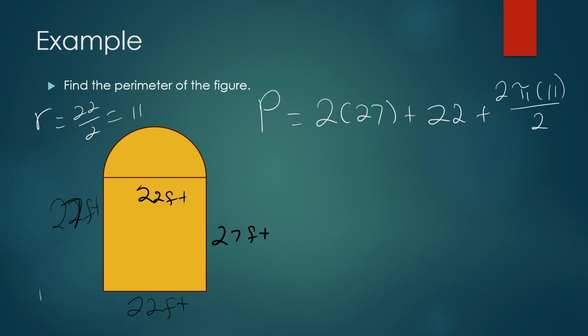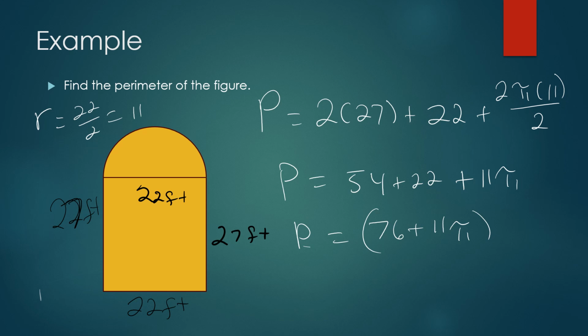This part is the rectangular portion, and this is the half circle. So I'm going to get P equals 54 plus 22 plus 11 pi. So P equals 54 plus 22, which is 76, plus 11 pi.